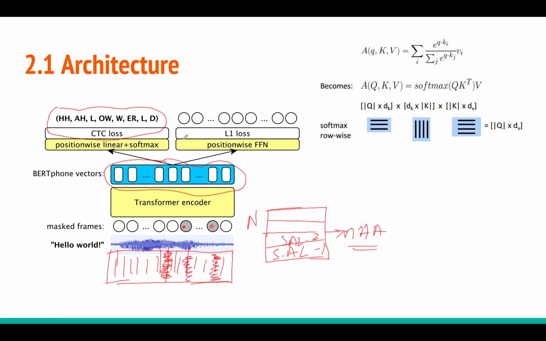If you don't do it, the model might simply learn to reconstruct the frame, which may not be necessary to have some higher level representation in this embedding space. But if you add this loss, which is basically predicting the phonemes using CTC loss, you are also enforcing these vectors, which are these high dimensional, higher level BERT embeddings, to have some phonetic content, which will be useful for language identification as well as speaker identification.